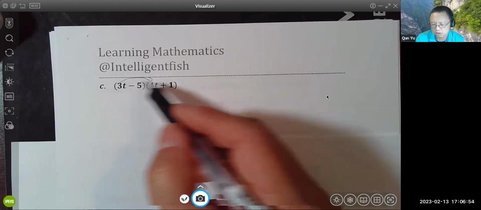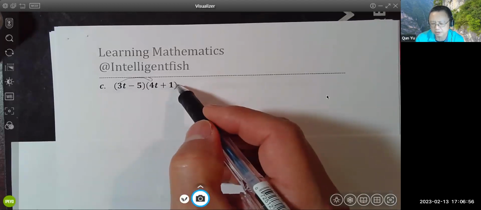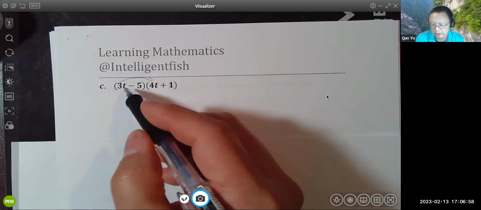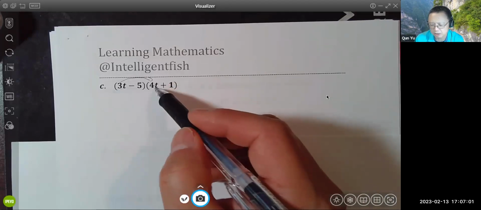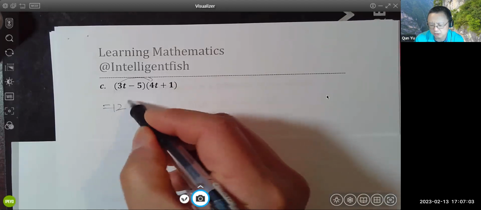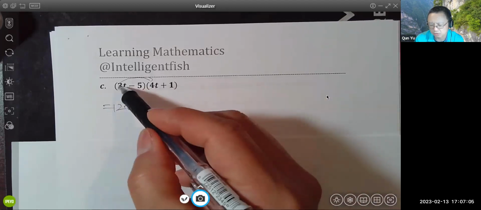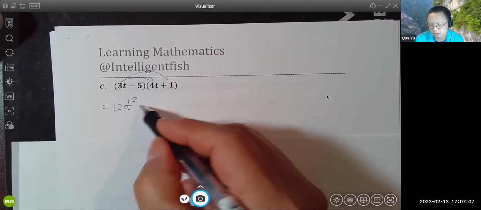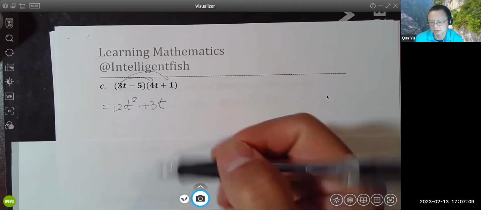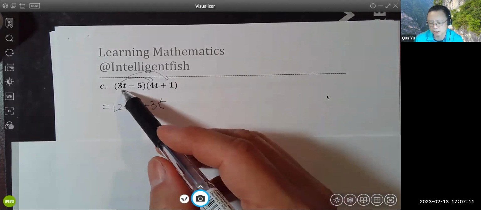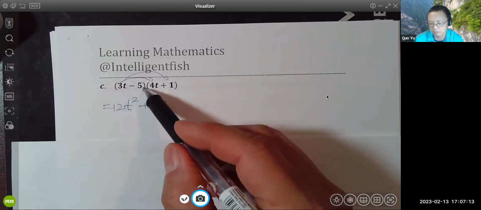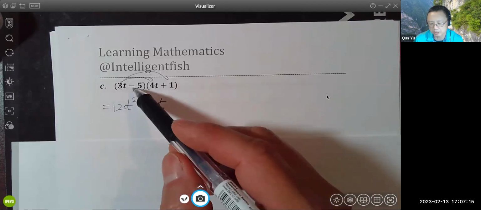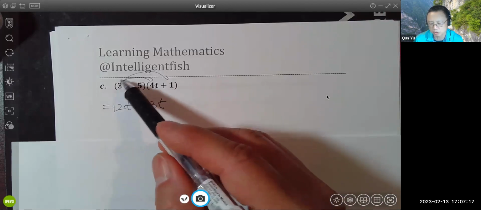Distribute 3t to each term in the second polynomial. So we get 3t times 4t, that's 12t squared. Then 3t times 1, that is 3t. So we finish distributing 3t. Now negative 5. Remember, don't forget the negative sign. After you distribute 3t, 3t is gone.